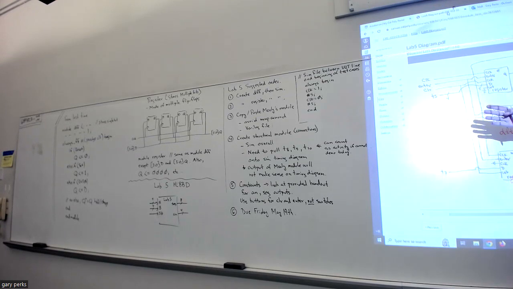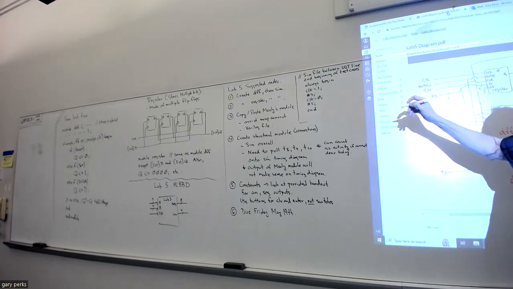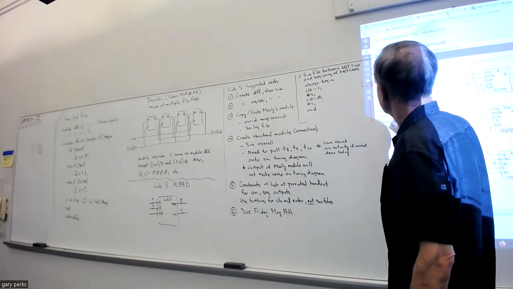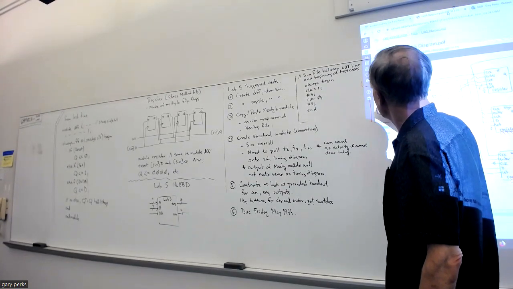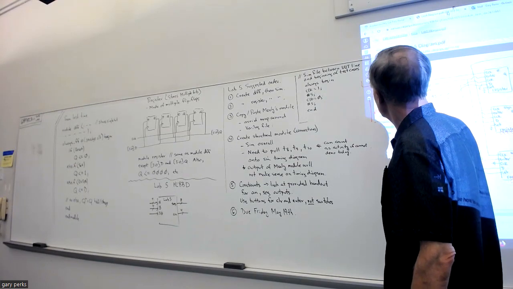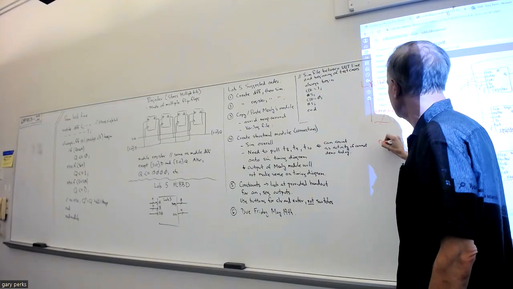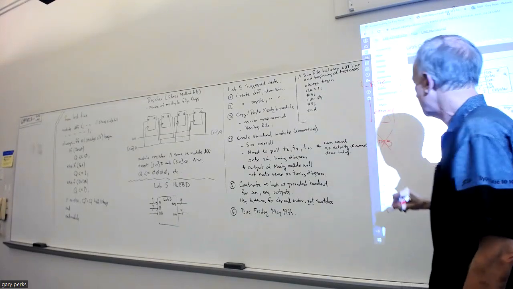So like I talked about last time, this is the new circuitry of lab 5, and then you're going to hook it up to your lab 4 design. So over here, you have your lab 4 design. And like I mentioned last time, you're not going to need the decoder for lab 5, so the decoder's crossed out. Also, you don't need the neg output, that's going to be crossed out.